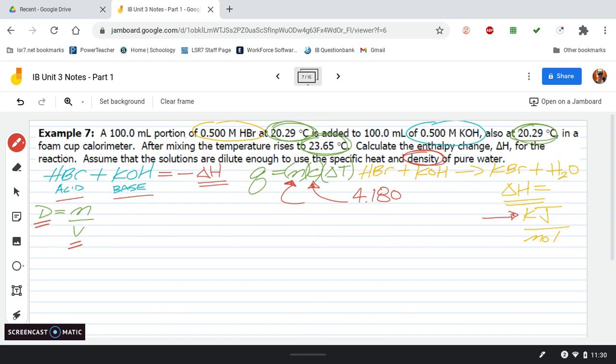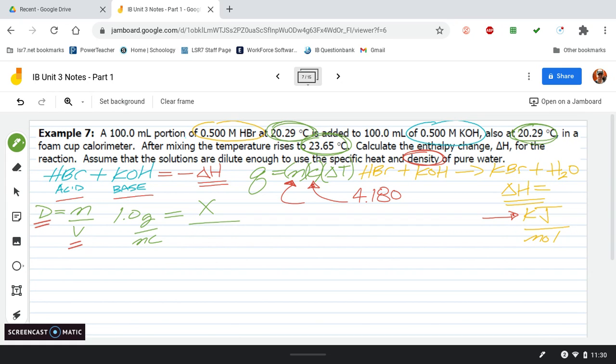That's something that you hopefully know. So if I plug in a value of 1 for the density, 1 gram per milliliter, and I'm looking for mass, all I need to know is volume. If I know volume, I can figure out mass.